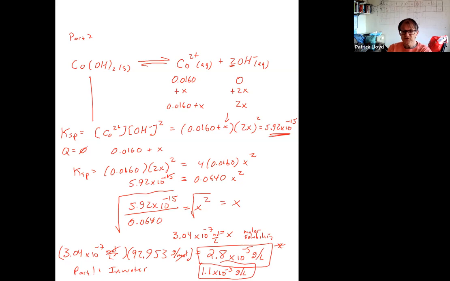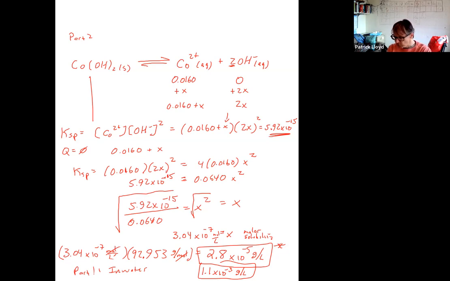The math speaks for itself. The concentration of the solid that dissolved into the water in this part 2 was 10 to the minus 5. So smaller by, I guess, a factor of about 40 or 50, something like that, 45. Much less concentrated, so much less soluble.